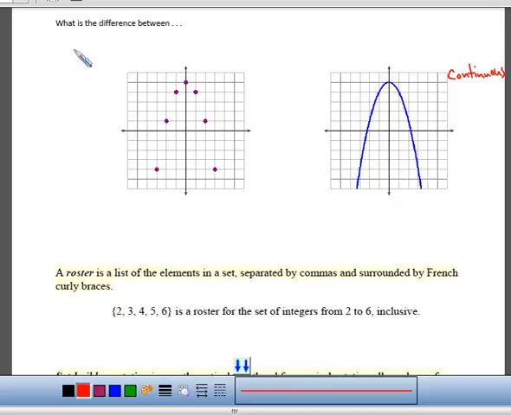So if I wanted to describe this graph, or this function, this set, I'm going to write out all the points. So I want you to go ahead and write them all out. The first point, this one here, is (-3, -4). Then we have (-2, 1). That's this one. The next one here is (-1, 4).